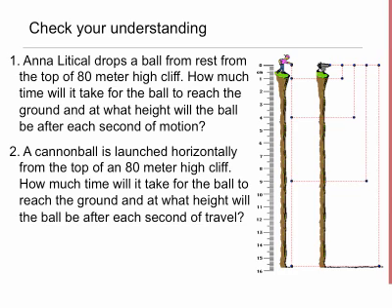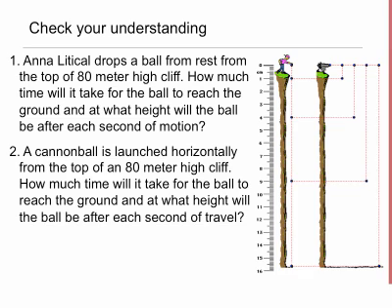Our distance is 80 meters, what we want to travel. Our initial velocity, remember, is 0, so we can put 0 there, plus 1/2 times the acceleration. Our acceleration is in the y direction, going in the negative direction, because downward we designate as negative. So that's negative 10 meters per second squared. And then t is what we're solving for.